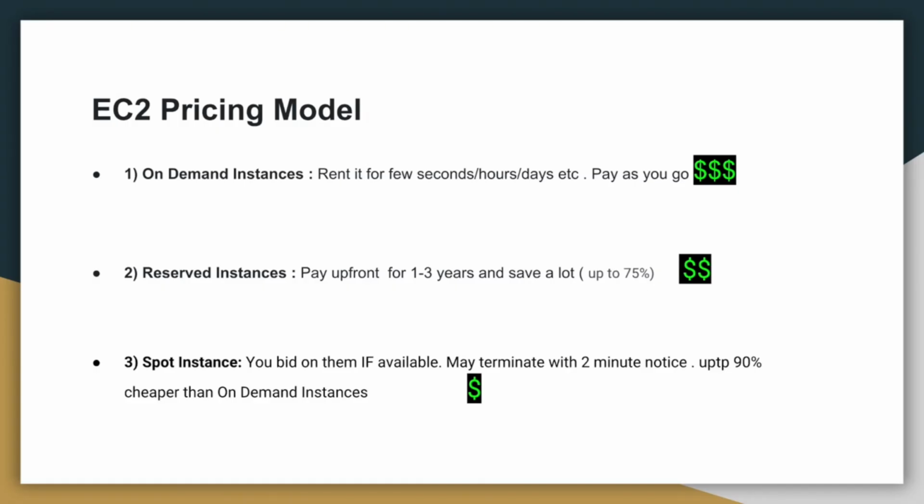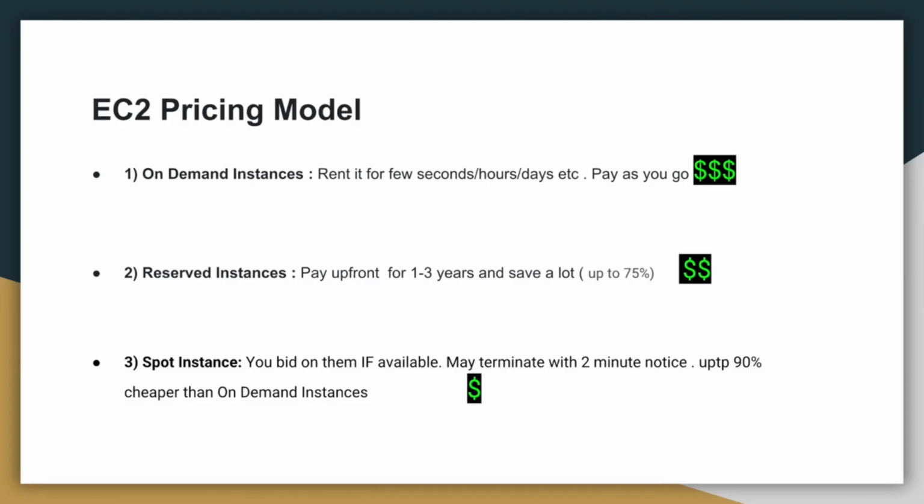You're getting a big discount with reserved instances. So if you have a workload that is gonna be running for extended period of time, then you want to look into reserved instances. The third option you get is spot instances. Now, spot instances are instances that may or may not be available for you to use. If it's available, you bid on them.